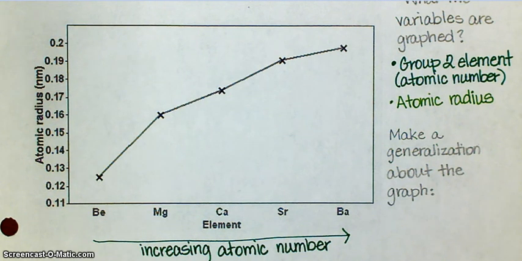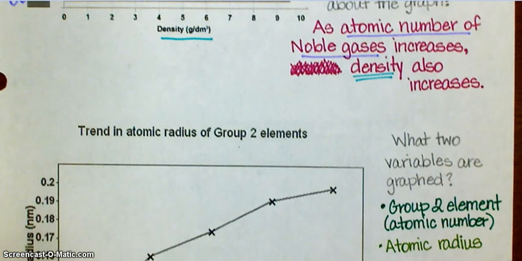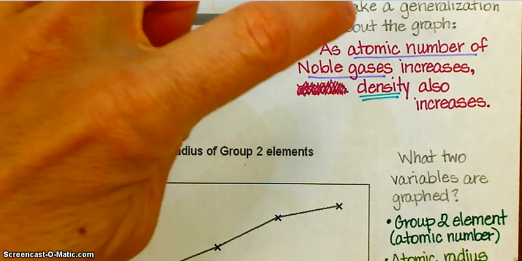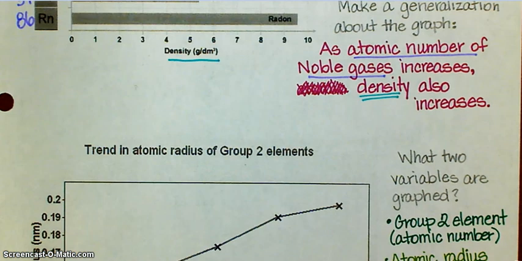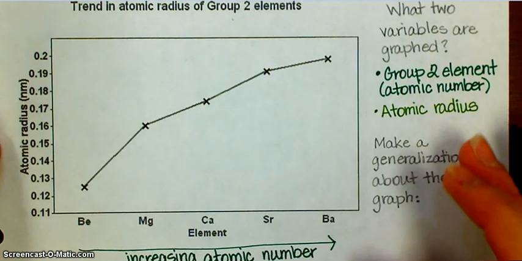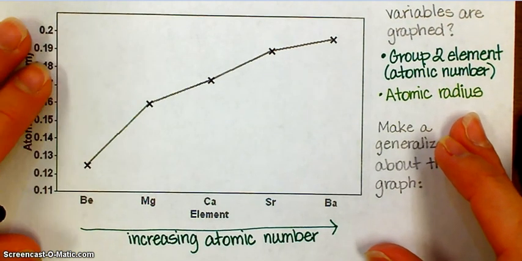So again, I'm going to make a generalization that tells me how those two variables relate to one another. Okay? I'm going to follow basically the same format as I did up here. As this variable does whatever, this other variable does whatever. Okay?